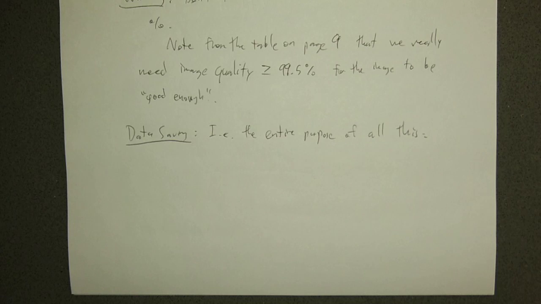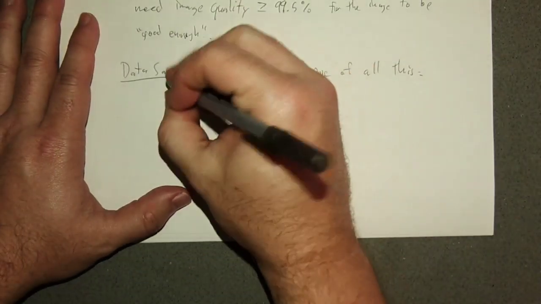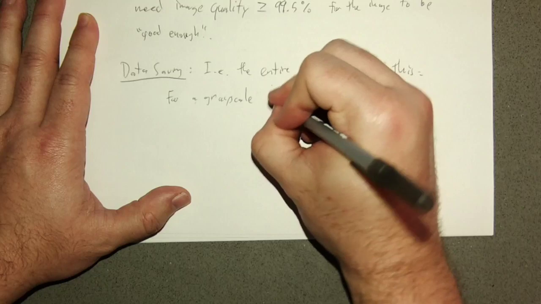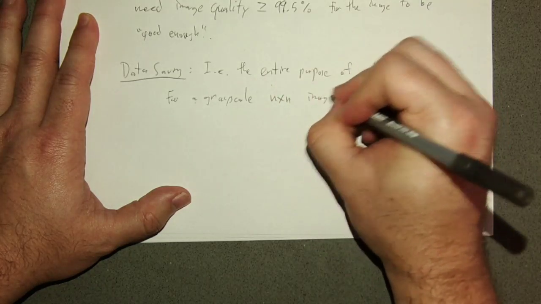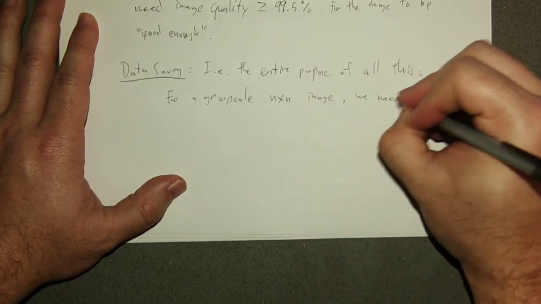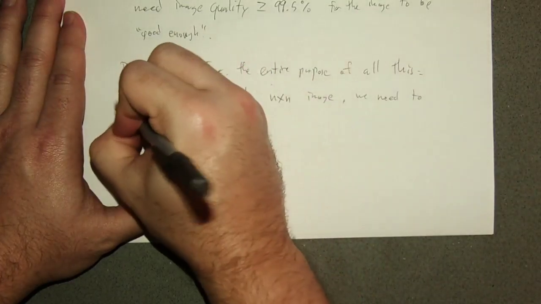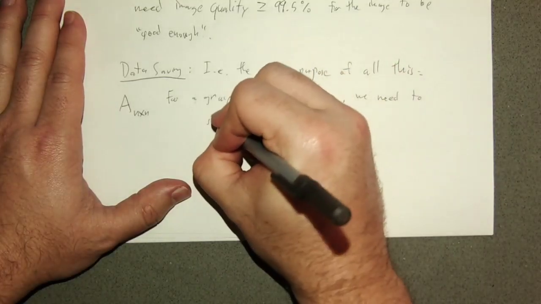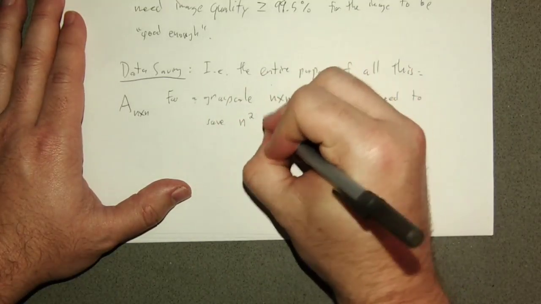If we wish to save a grayscale n by n image in a matrix A using one value per pixel, then we need to save n squared values. Suppose instead we use the SVD and preserve k less than n singular values. So I'm going to write this out. For a grayscale n by n image, where A is n by n, we need to save n times n, or n squared values.